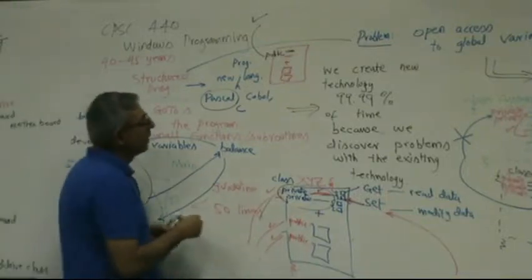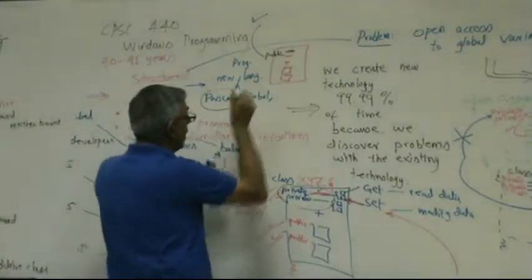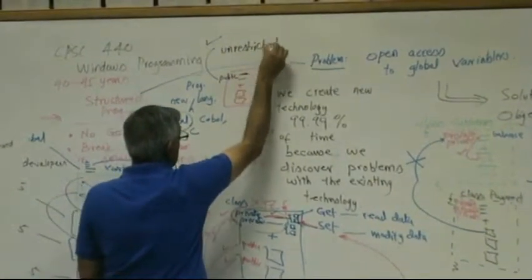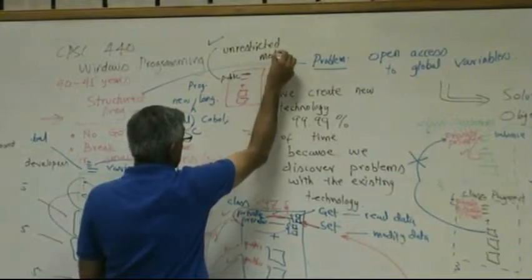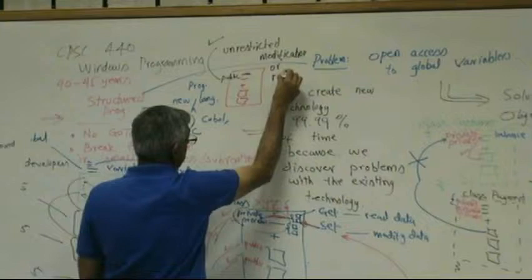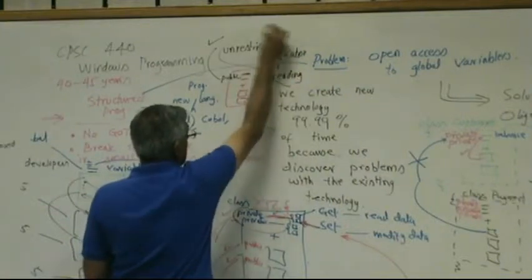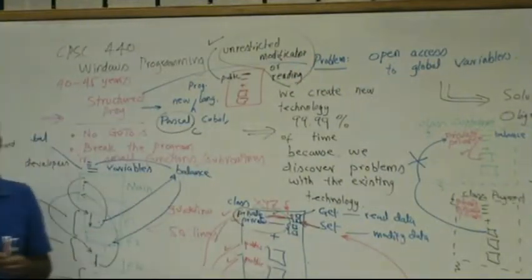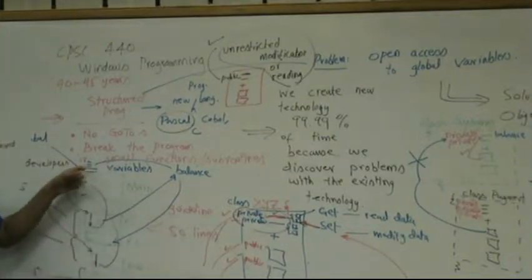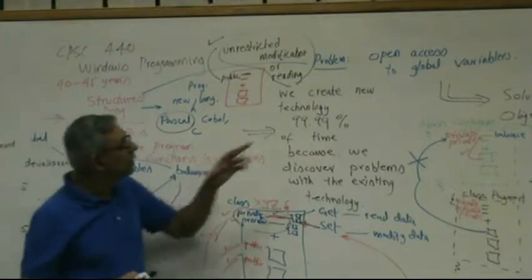In this case, we have unrestricted modification to the data, or reading of the data. Meaning, anybody can come and modify the data and read the data, so we are truly back to this problem of open access.